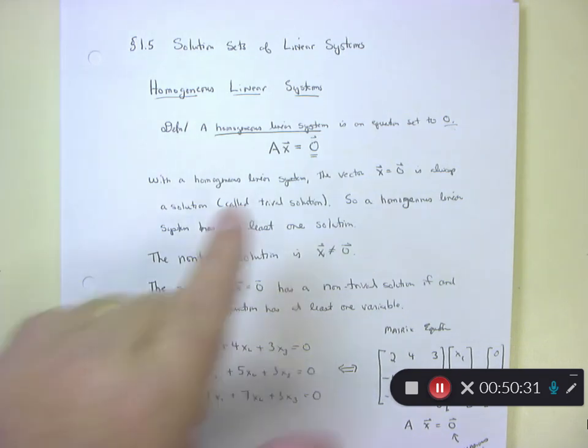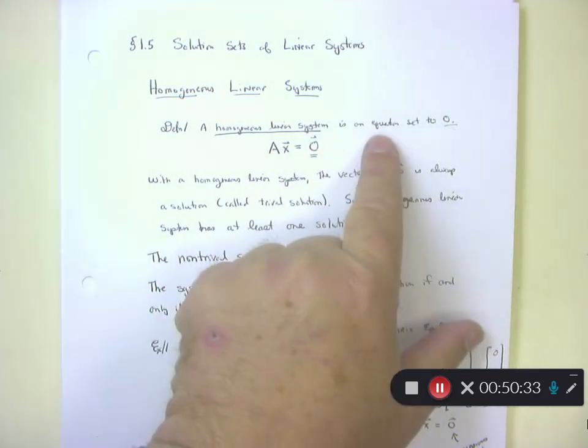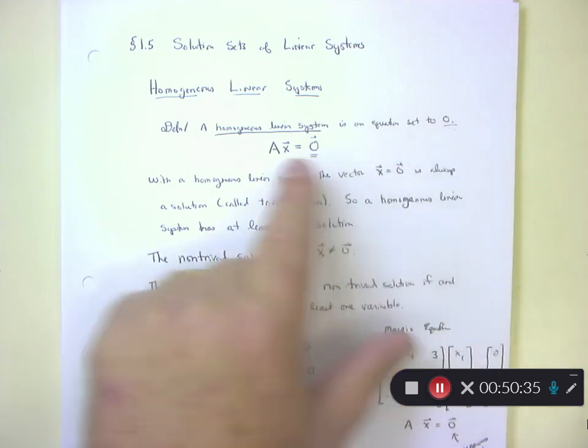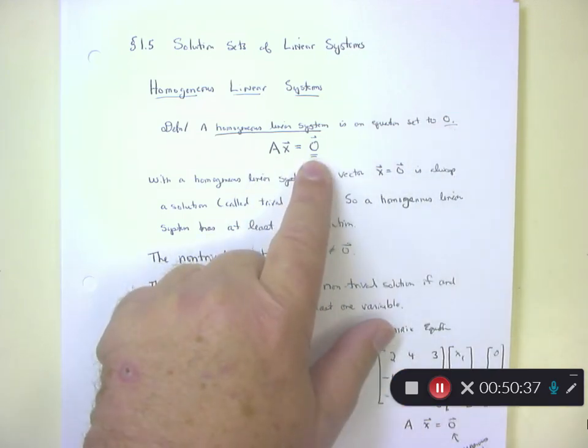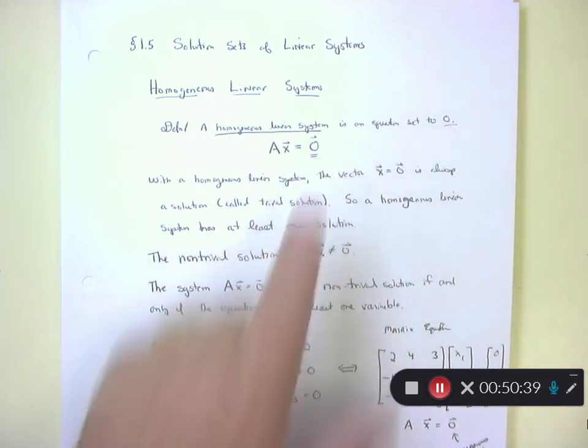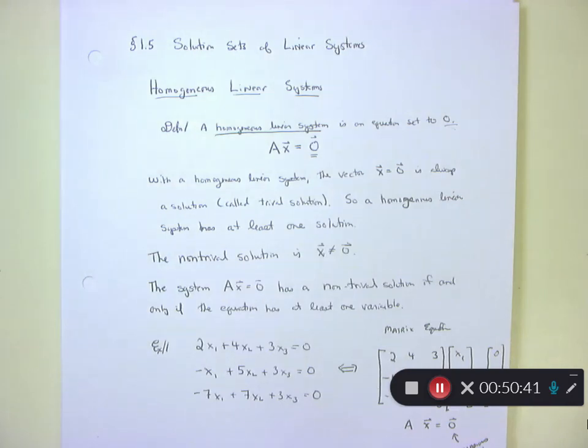So a homogeneous linear system is Ax equals the 0 vector. Now we're talking about vectors here. What is the 0 vector? Well, the vector has to be n by 1. That's 0, 0, 0, 0, n of them. Does that make sense? It's not just set equal to 0, but set equal to the 0 vector.